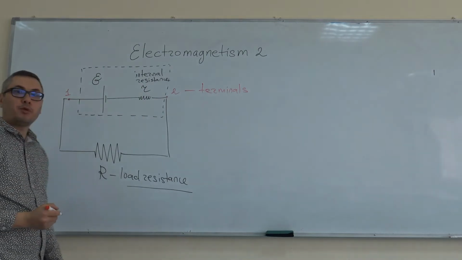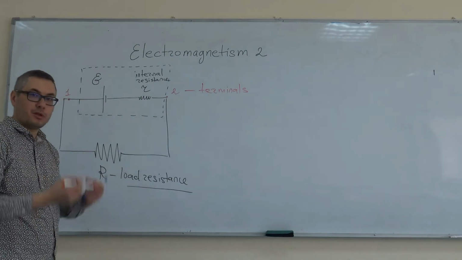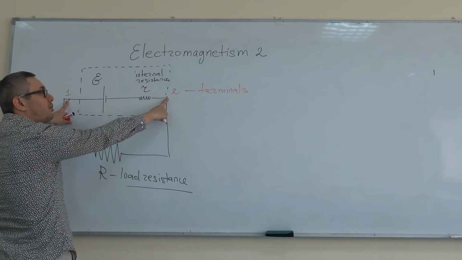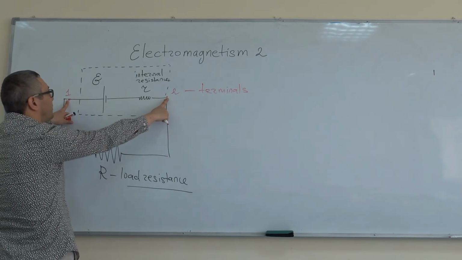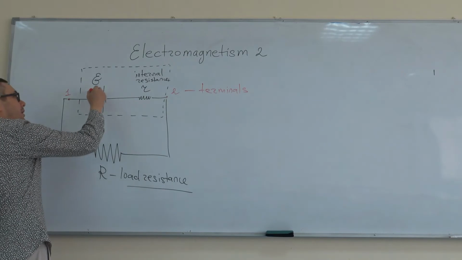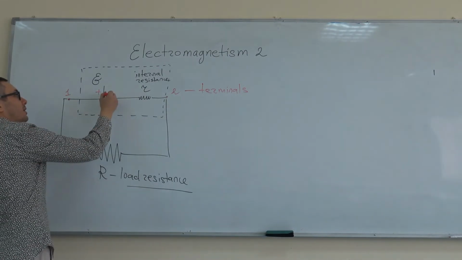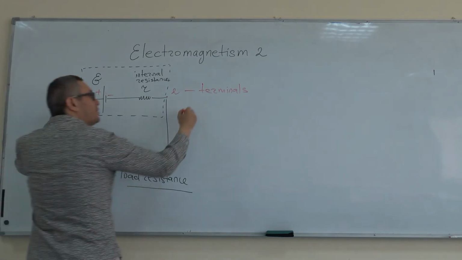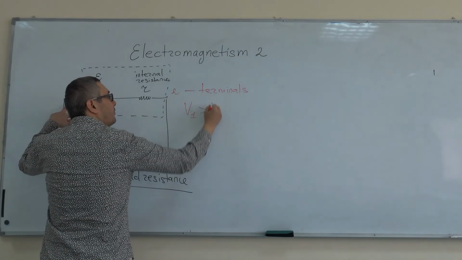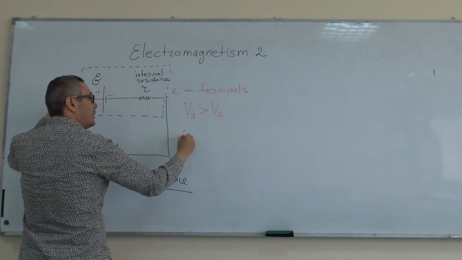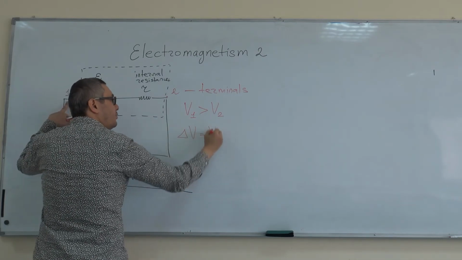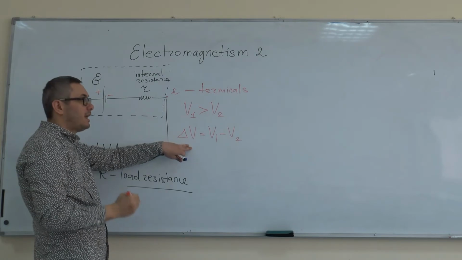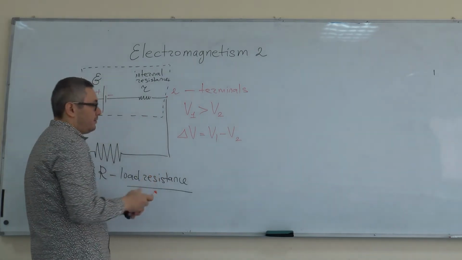And using the same word, we can think of the so-called terminal voltage, the voltage difference between these 2 points. We know this side is positive, this side is negative, so V1 is at a higher potential than V2. Which means that the potential difference, which is V1 minus V2, is the terminal voltage.